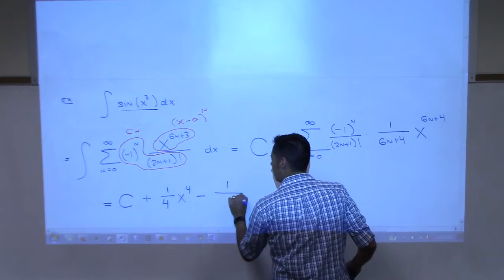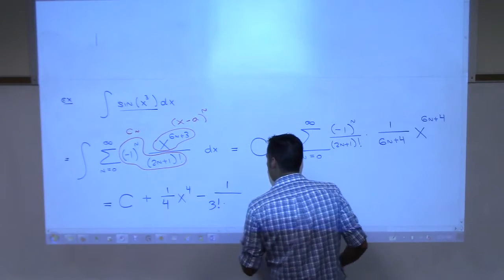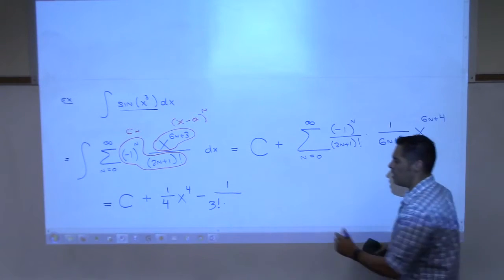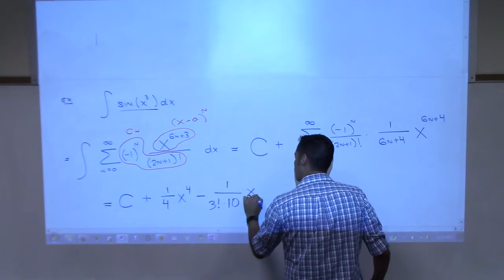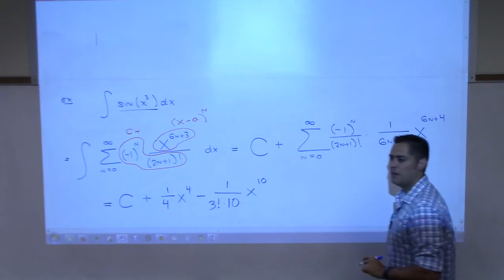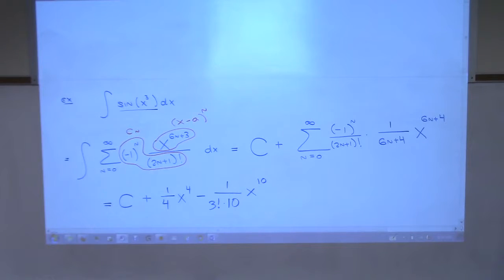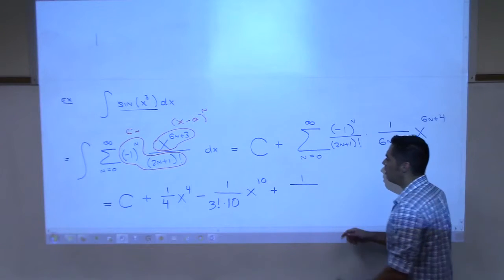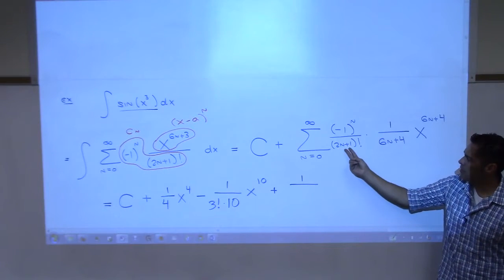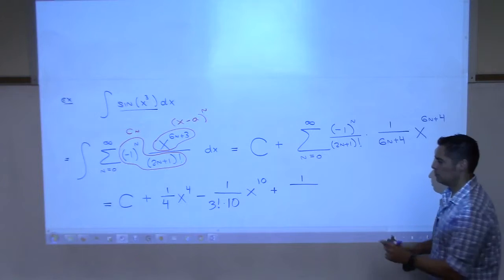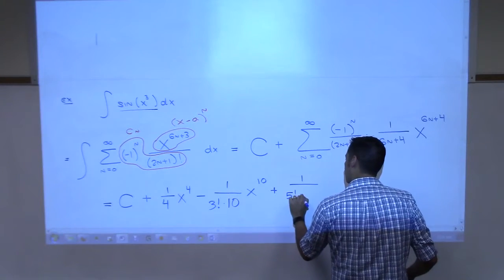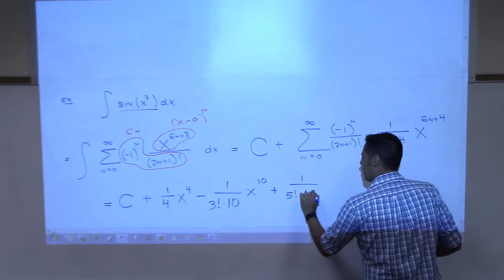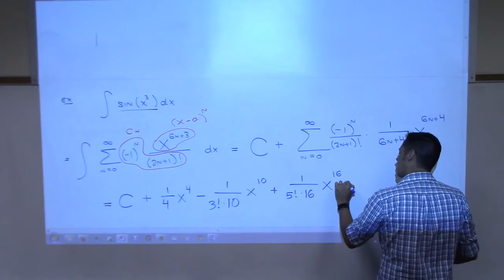So I have 1 over 3 factorial times this with 1 in here is a 10. So times 10, and then x to the 10th, right? Plus 1 over, now we're plugging in 2, right? 2 in here, we get 5 factorial times, plugging 2 in here, 16, x to the 16th plus dot, dot, dot.